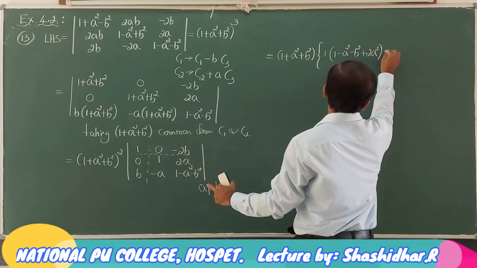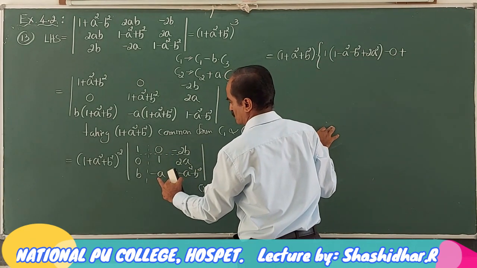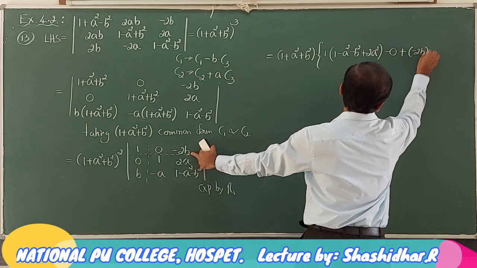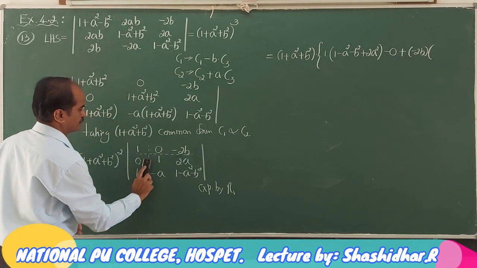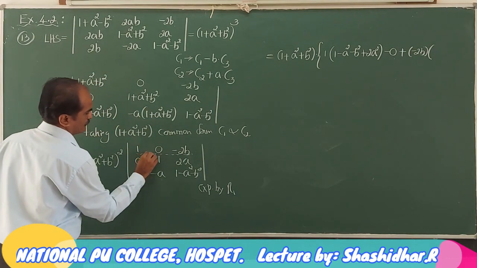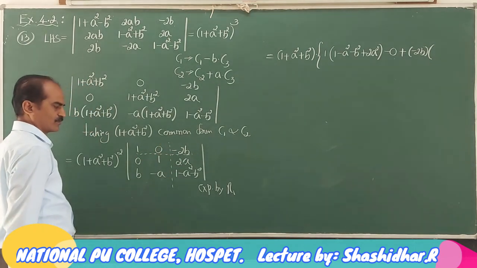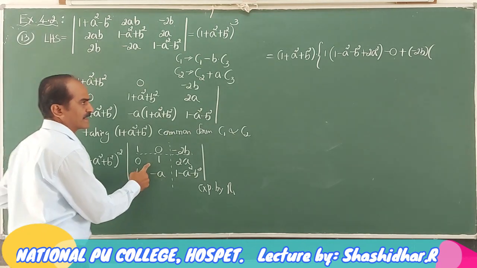Next element 0. No need to write that determinant of order 2. Next minus 2b into, now you have to leave first row because minus 2b is present in first row and third column. 0 into minus a, 0 minus b.